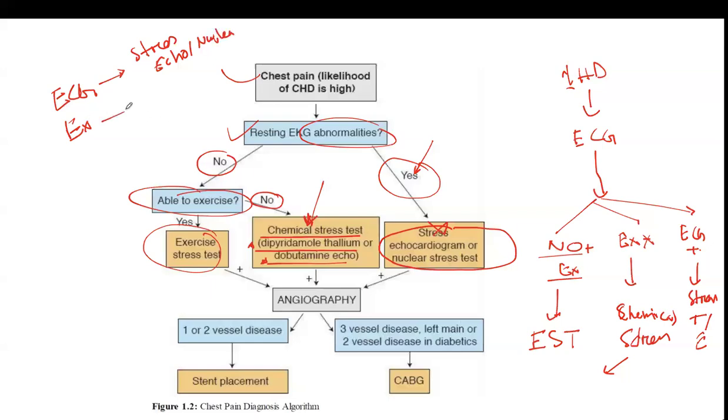Is the patient not able to do exercise? Then we go for a chemical stress test. If you make it simple, it will become simple in your mind. If there is no problem with the ECG and the patient can also exercise, then we go for an exercise stress test. Okay?